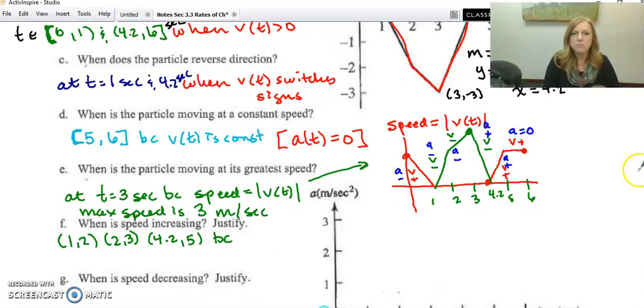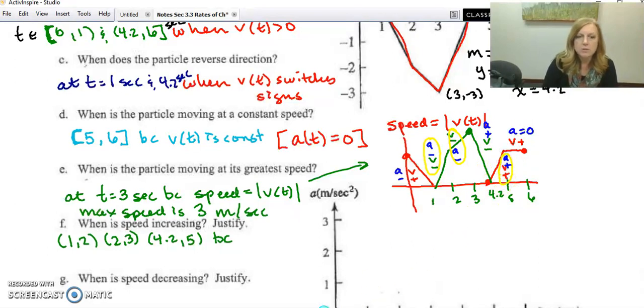And then if I'm looking for places where the speed is increasing, notice that my acceleration and my velocity are the same sign here and here and here in this yellow.